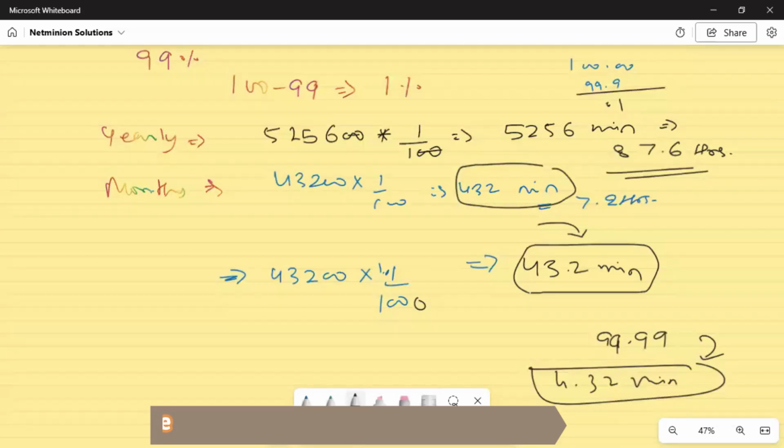Any questions so far? Let's say they have purchased a 99% SLA, and the downtime goes beyond the specific limit, like beyond 432 minutes, say 500 minutes of downtime per month. Then the consumer can ask the cloud provider for a penalty. There can be a penalty on the cloud service provider.